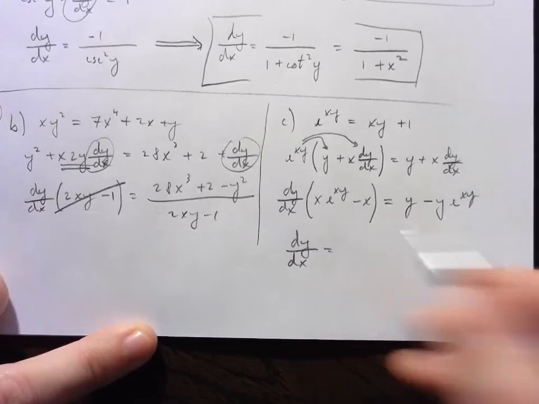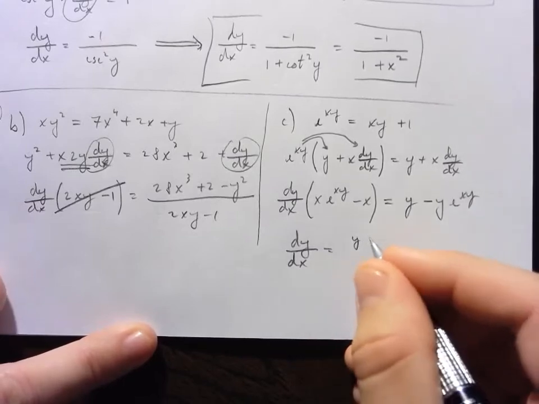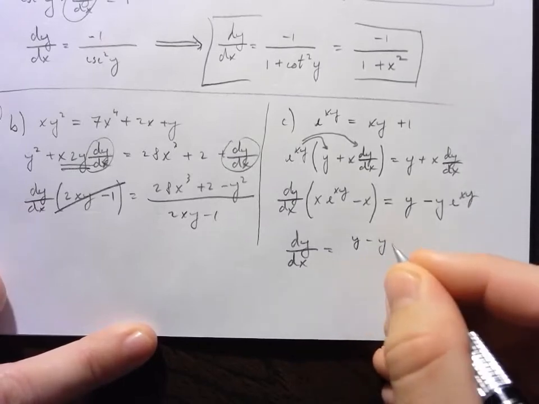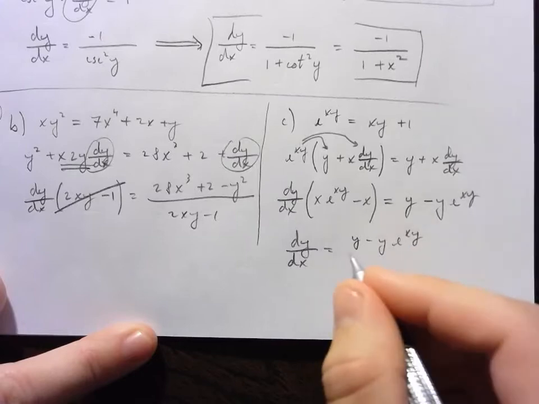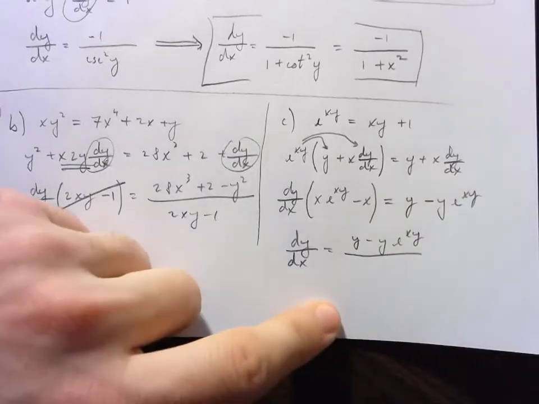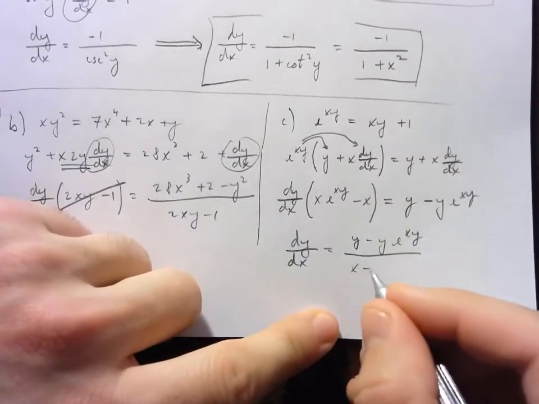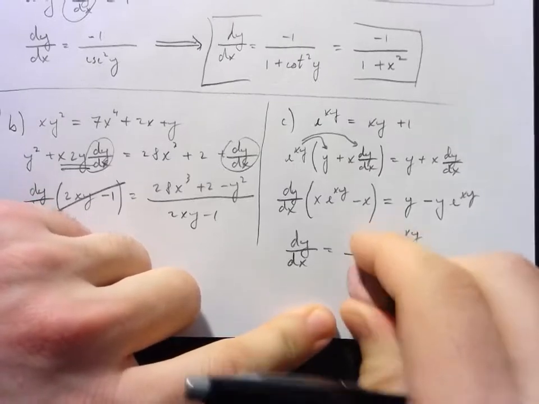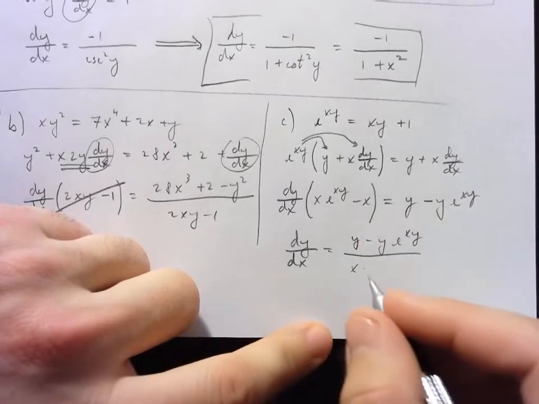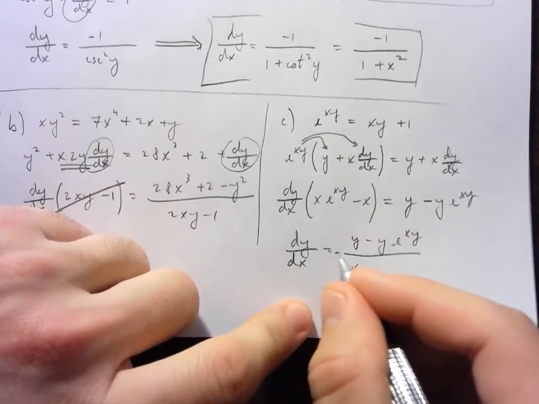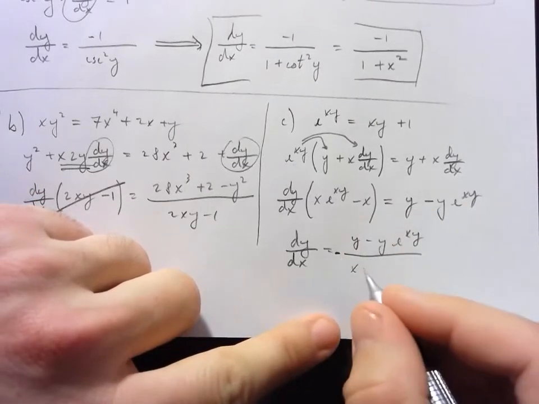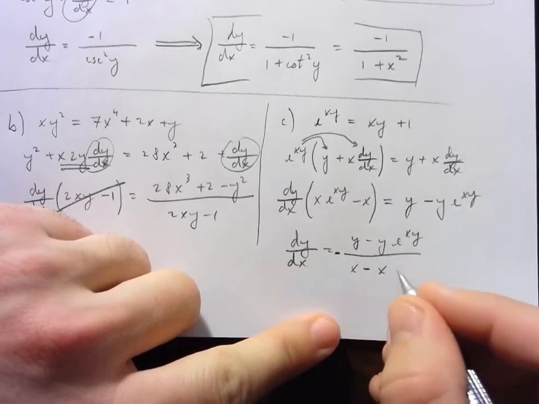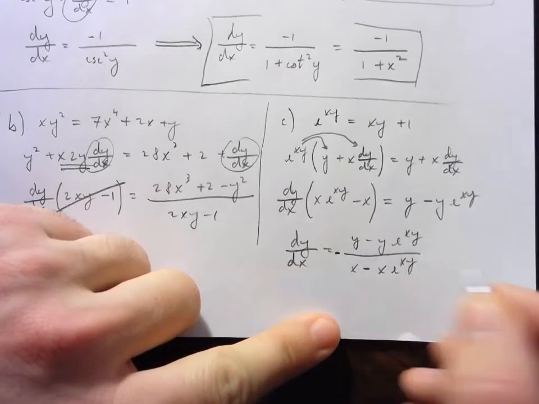So that means dy/dx should be equal to, just take the fraction, right? y minus y e to the xy over x minus x e to the xy. I want to write them in the same order, so x minus x e to the xy.